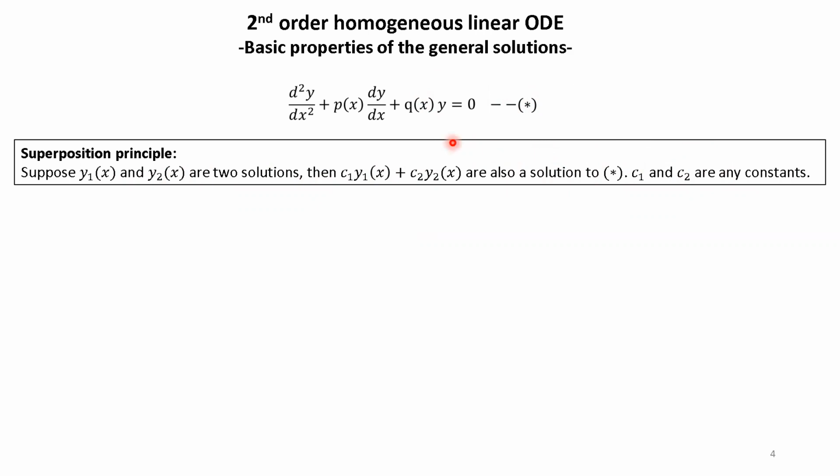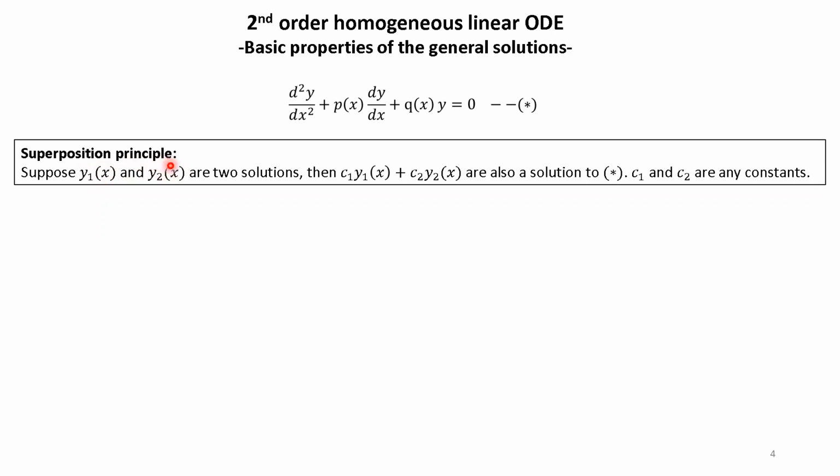First of all, it seems to be something new to us: what do I mean by two solutions? In the first order ODE, when we solve it by separation of variables or integrating factor, we just have one solution, although it always comes with the constant c. The form of the solution seems to be described by just one function that we got from integration. But here, what do I mean by two solutions?